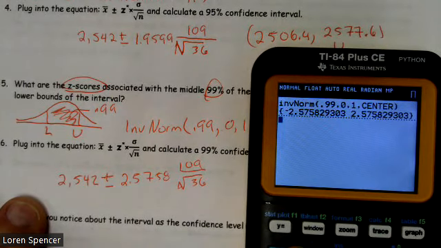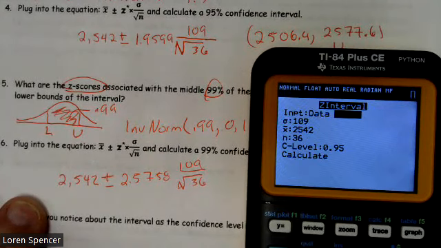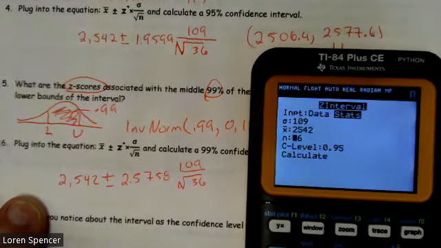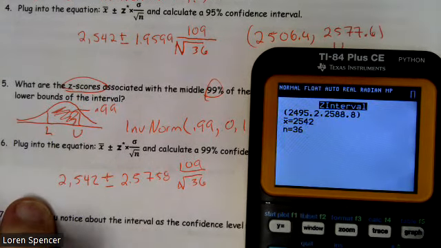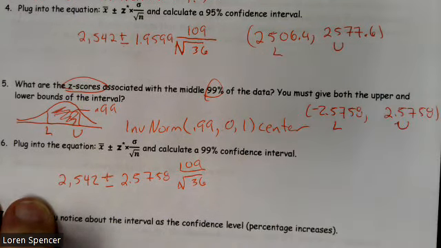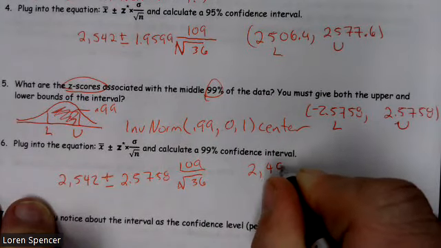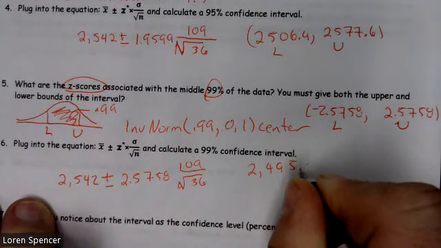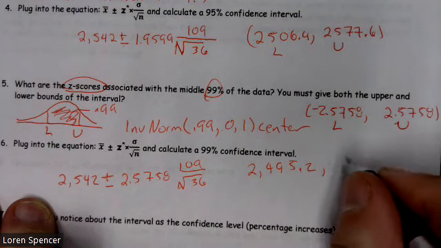So stat, test, number 7, which is the z interval: 109, 2,542, 36, and change our confidence level to 0.99. We end up getting 2,495.2 and 2,588.8.